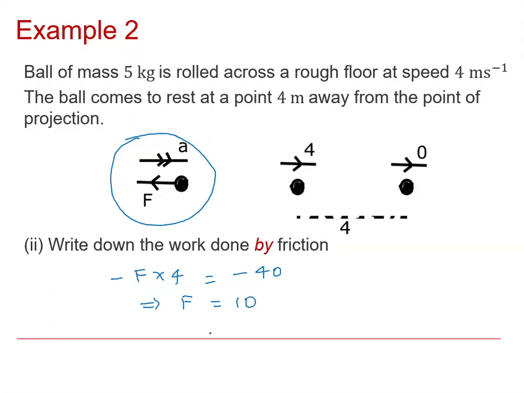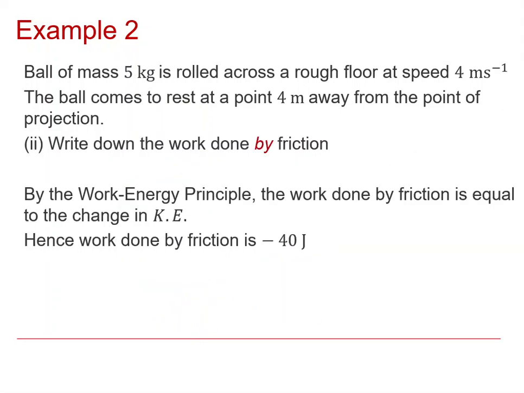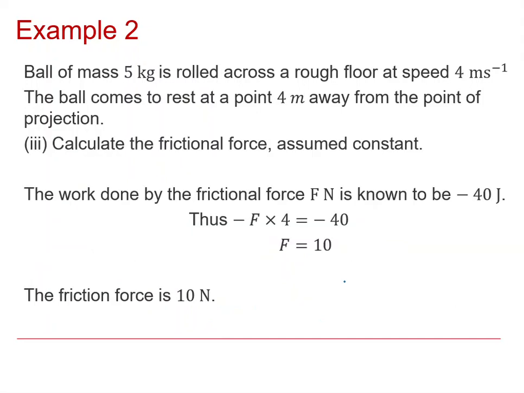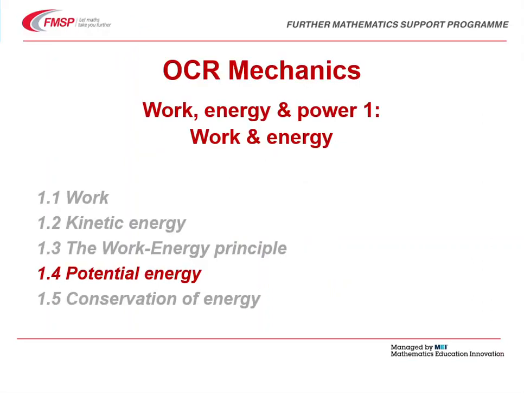So the resistance force, assumed constant, the friction force, is 10 newtons. So there we are, that's the answer finally. And notice it's crucial to have this minus F, because the force in my diagram was opposed to the direction of travel. So the friction force is 10 newtons.